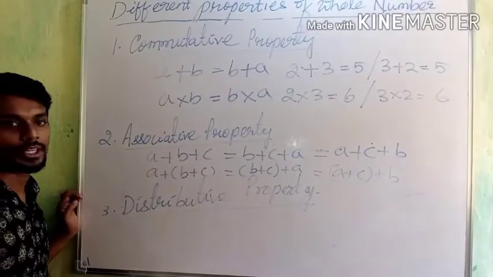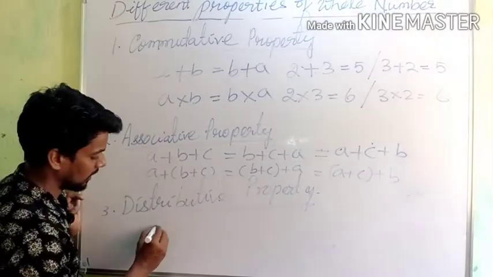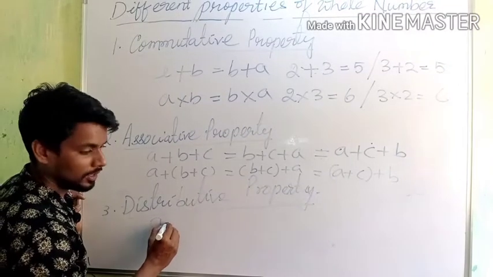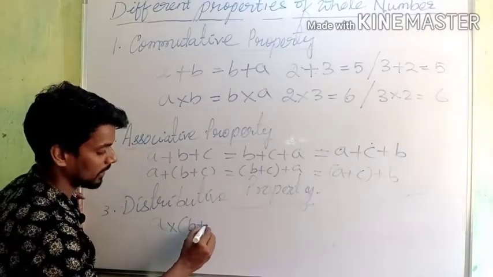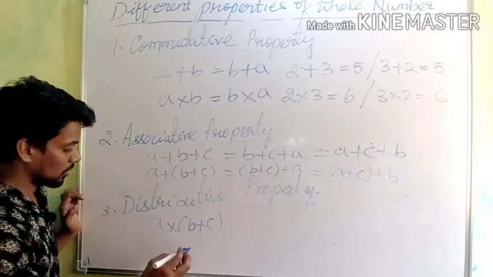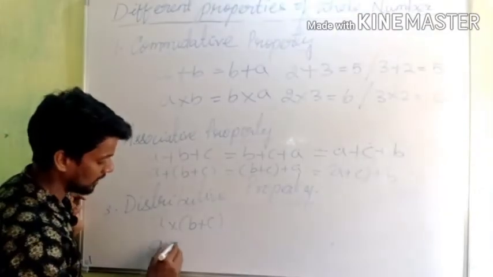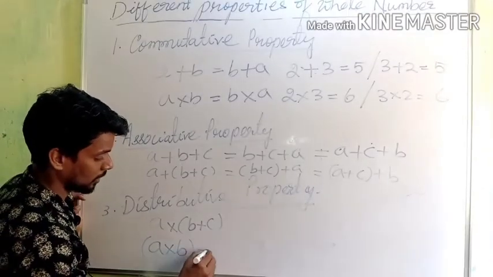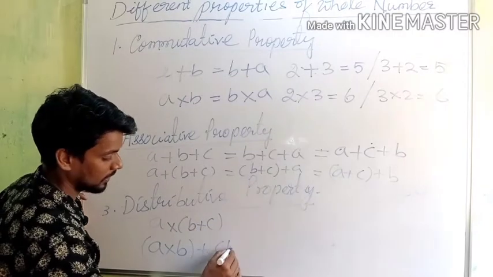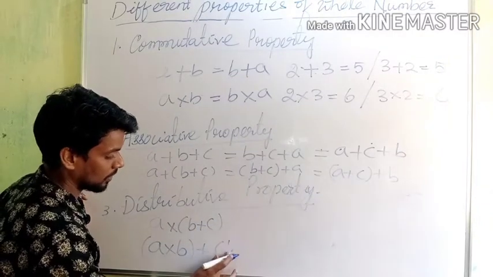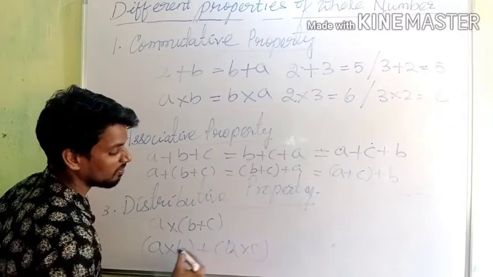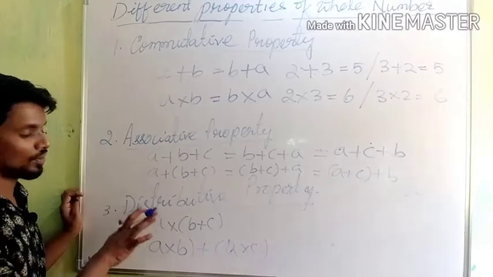Now, what is the distributive property? Let us see. a into (b plus c). Here I'll multiply like this: a into b plus a into c. So these are the formulas for the properties.